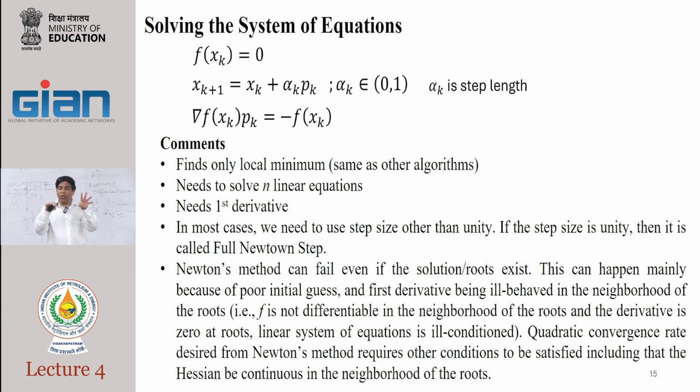When it is trying to decompose and solve the problem, in essence it does not invert the matrix, but if this matrix is not invertible, then it becomes ill-conditioned. So as you approach the roots, maybe it is not invertible anymore. That's one of the problems here.